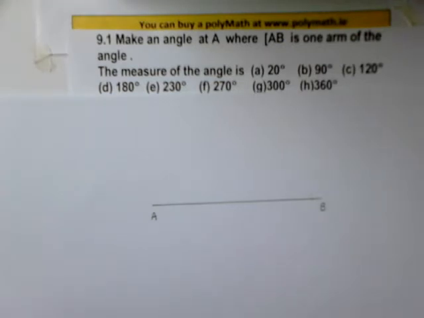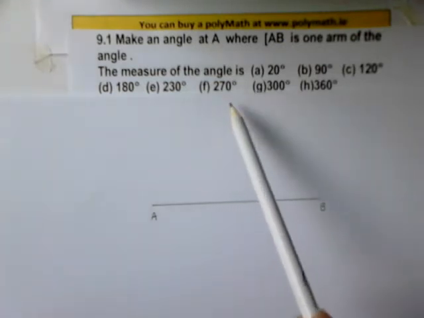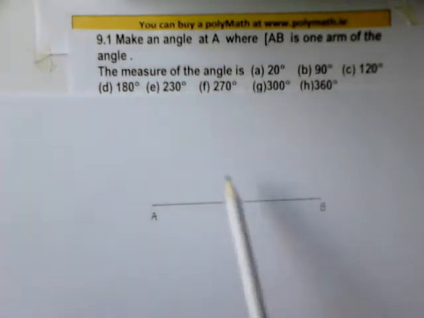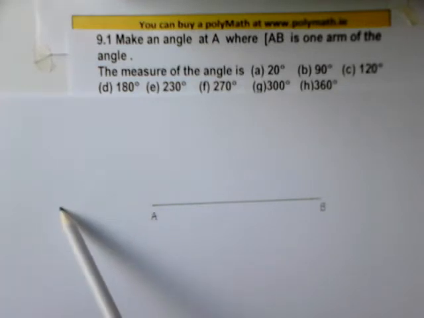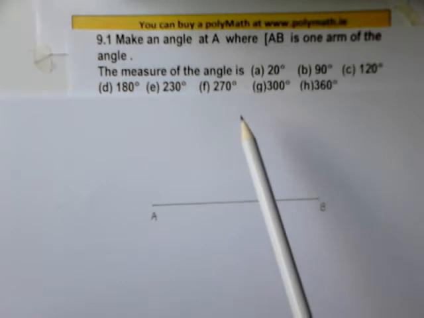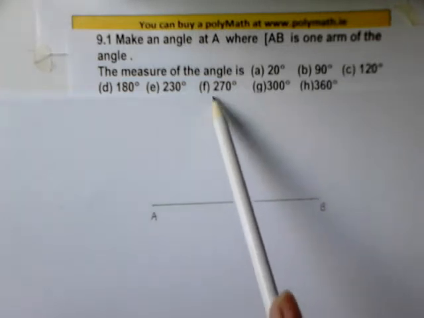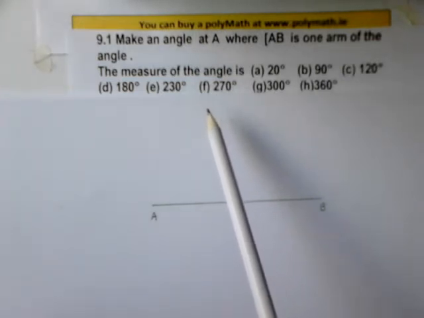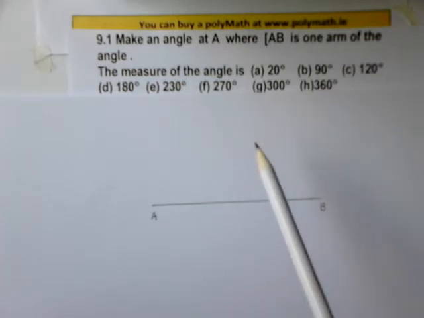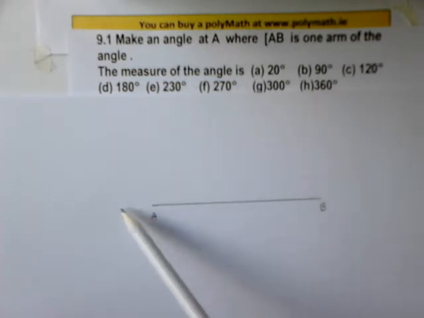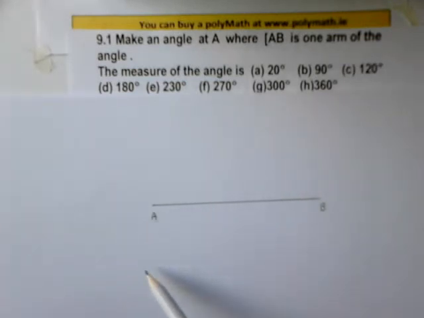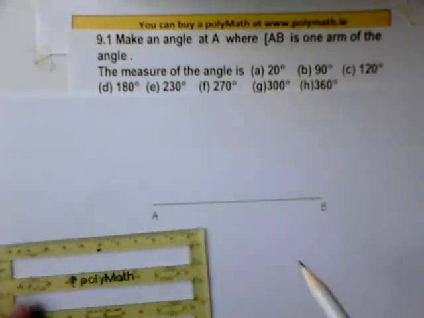The next angle I'm going to make is 270. Well, again, if I go that far there, that'll be 180. And if I take away 180 from 270, I'll get 90. So if I go here and make a 90 degree down here, then I'll have 270.